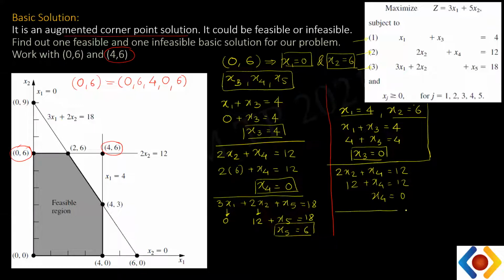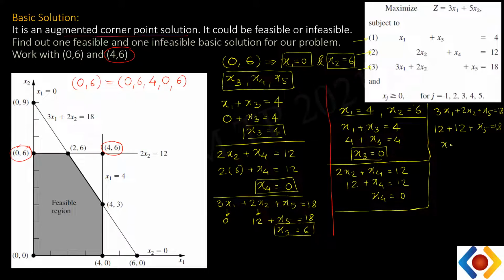Very good. Now the third equation, 3x1 plus 2x2 plus x5 is equal to 18. x1 is 4, so 4 3s are 12. 2x2, 6 2s are 12, plus x5 is equal to 18.